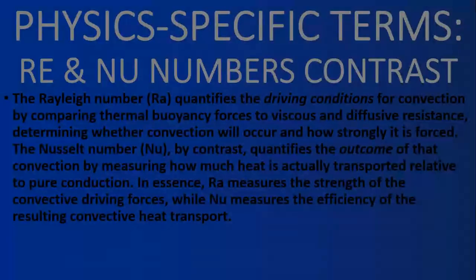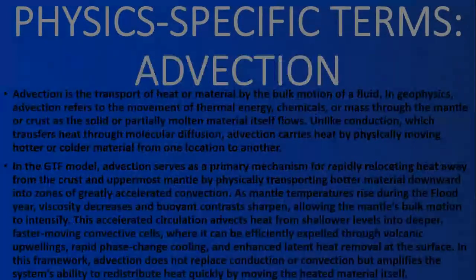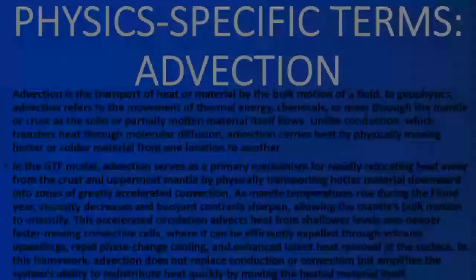Nusselt number, by contrast, quantifies the outcome of that convection by measuring how much heat is actually transported relative to pure conduction. In essence, Rayleigh measures the strength of the convecting driving forces, while Nusselt measures the efficiency of the resulting convective heat transport.